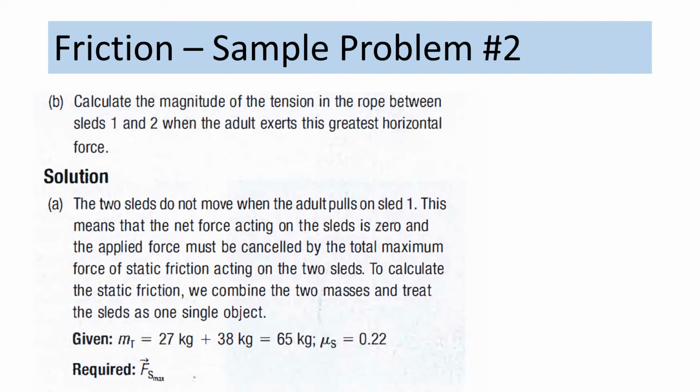So mass 1 plus mass 2 is 27 kilograms plus 38 kilograms, which is 65 kilograms. Now, the coefficient of static friction is 0.22. So what's required to find the maximum force of static friction?